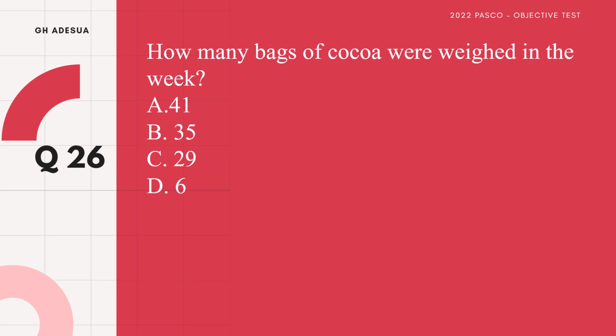From the data I gave earlier, when we added everything under both stem and leaf, we had 35. When we counted each one of the bags weighed, we saw that it was 35.